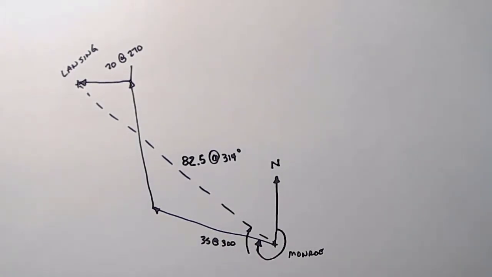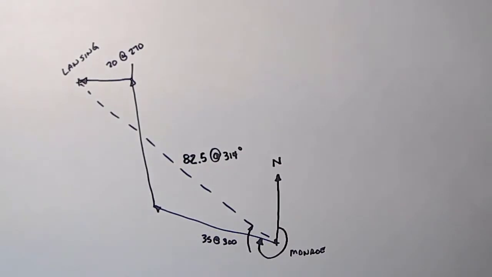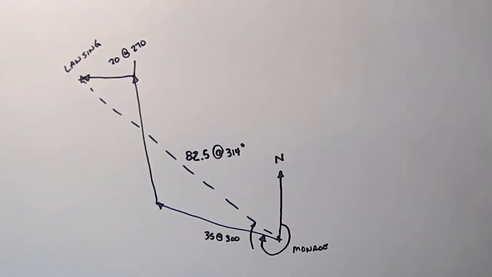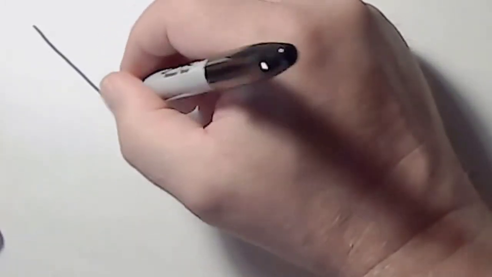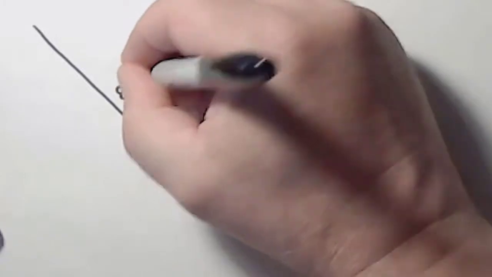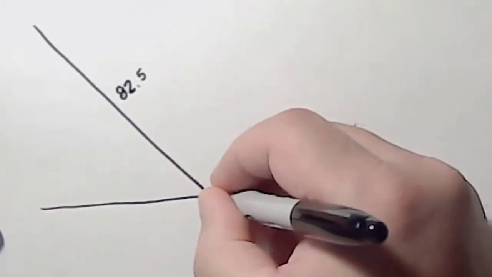That's not as important as breaking down the problem. So how do we do this? What's the approach? Again, first step is always break up the problem, break up each vector into its x and y components.